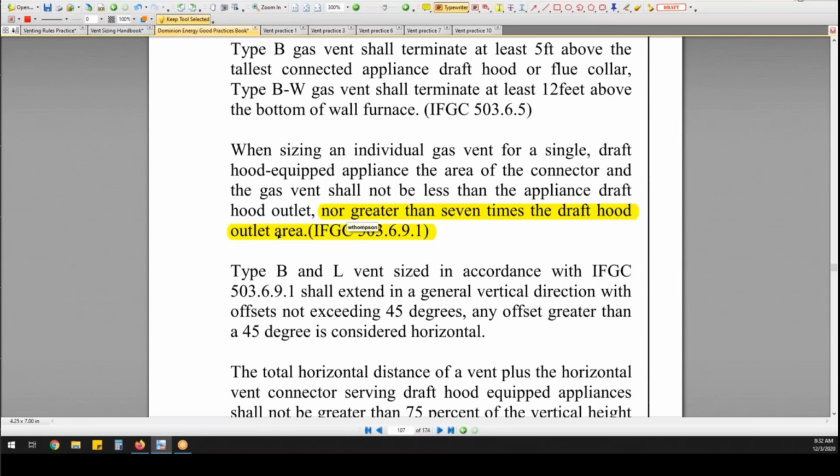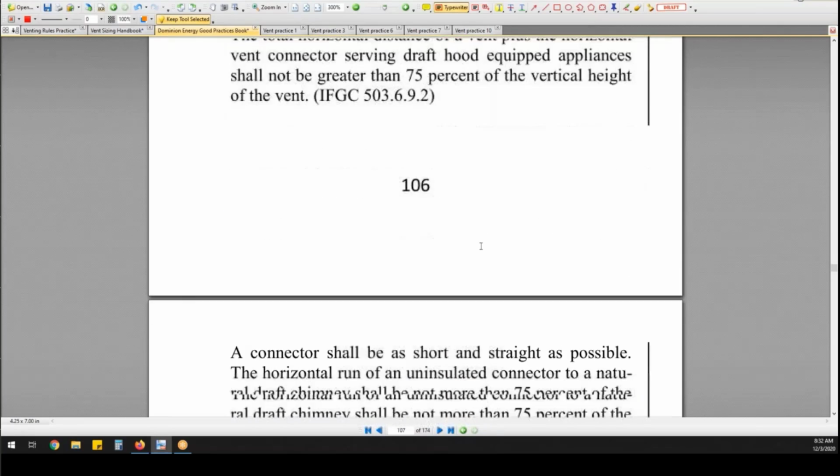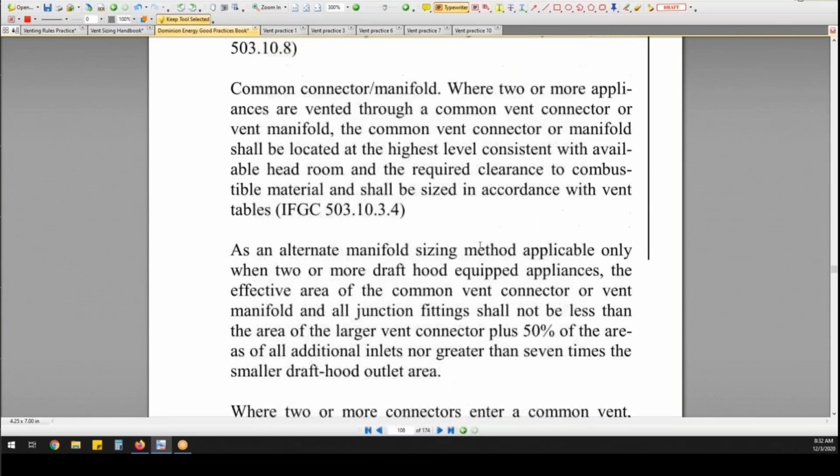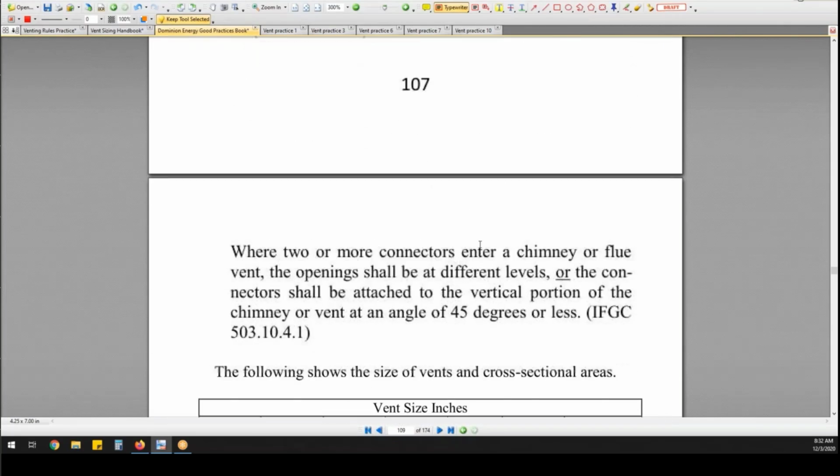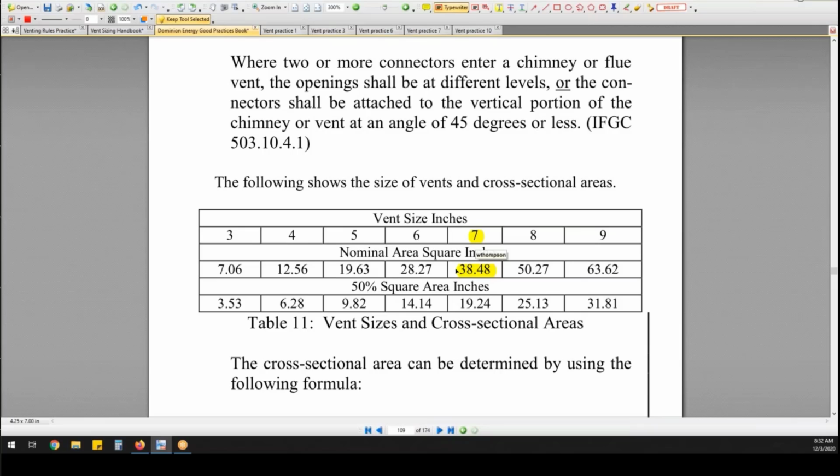So the next question, what is the area in square inches of a 7-inch vent? Where'd you find that at? On page 108, and it's 38.48. Okay, so there is a math formula to figure it out. It's called pi r squared.